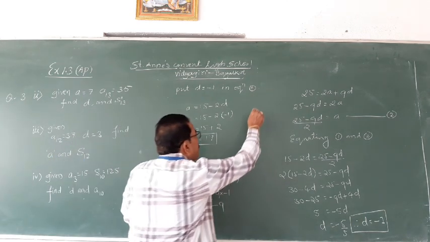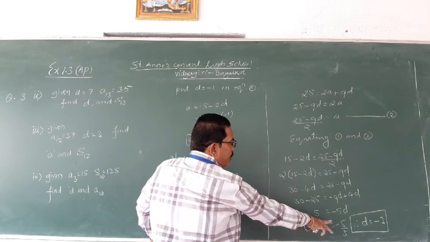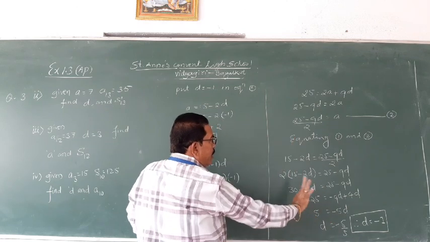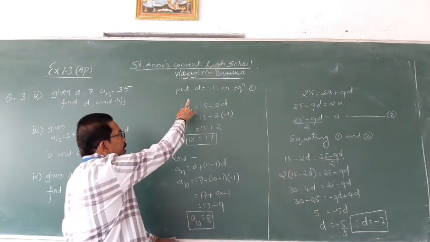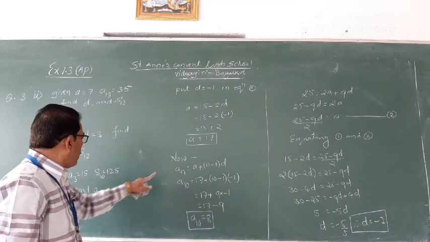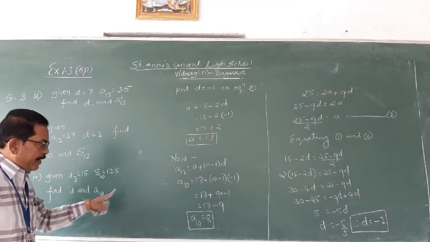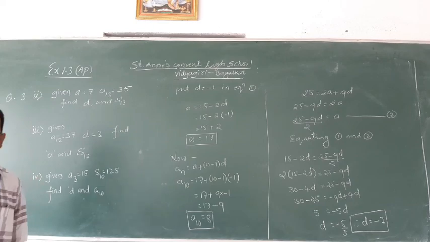Don't get confused: we got the d value, d is substituted in equation 1, then a10 is calculated, a10 equals 8.